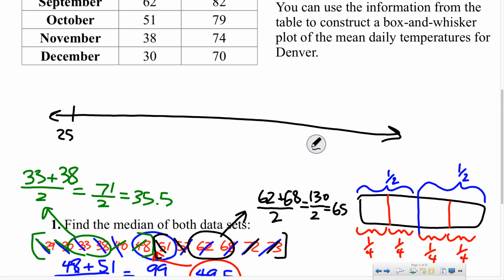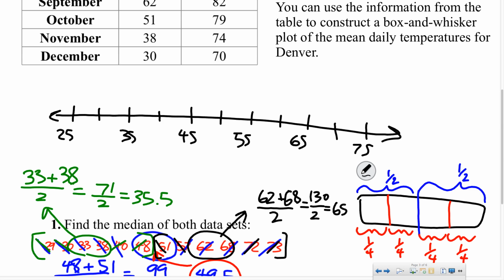So 25, 30, 35, 40, 45, 50, 55, 60, 65, 70, and then 75, and then I think we're good.